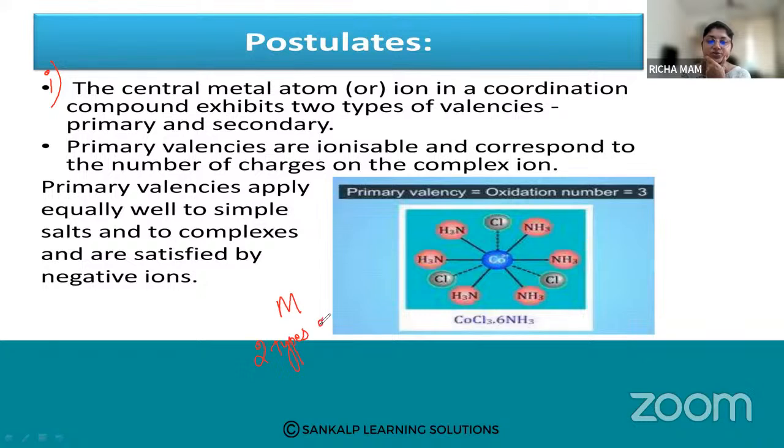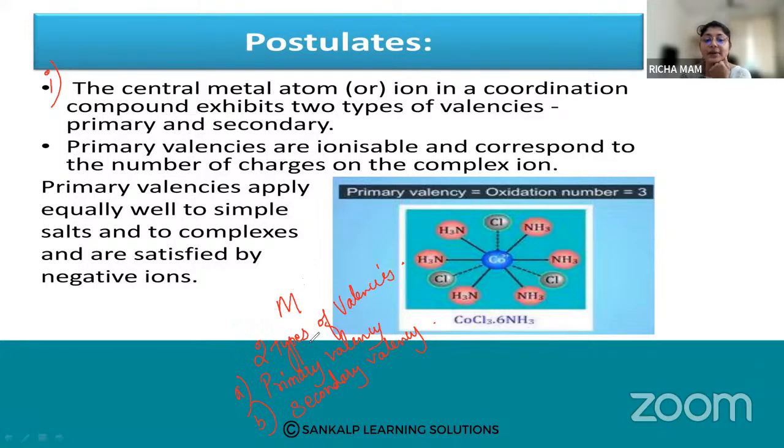The first one is called the primary valency, and the second one is called the secondary valency.